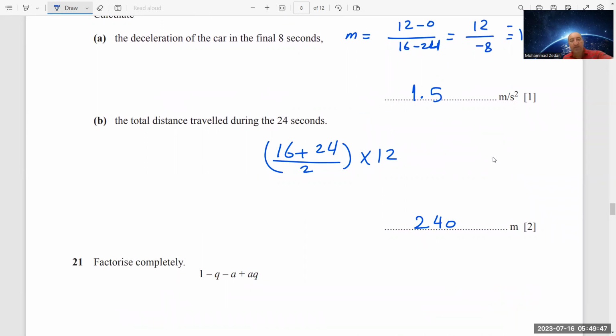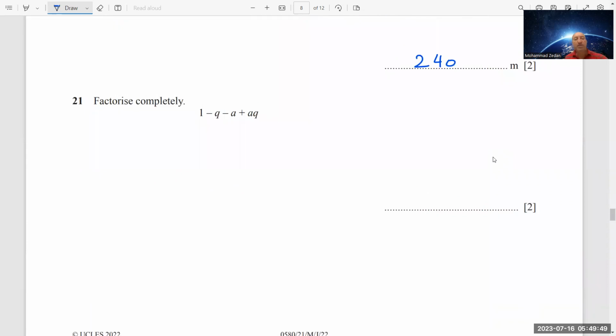Factorize completely. This is a 4-term expression. Usually we factor by using grouping. 1 minus q, just keep it. It's already prime, no factorization, just write it times 1. Minus a, for the other group, the 3rd and 4th terms, you can just take negative a as a common factor, because you have 1 minus q inside.